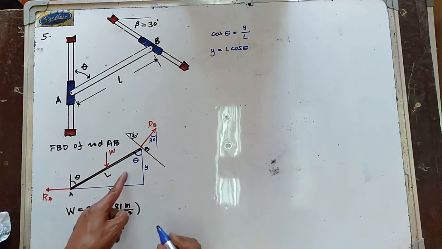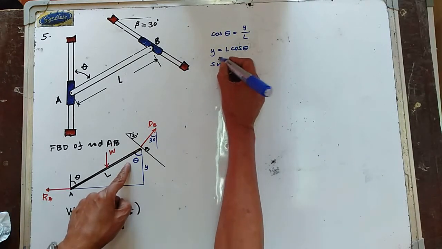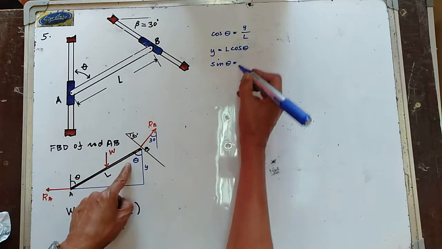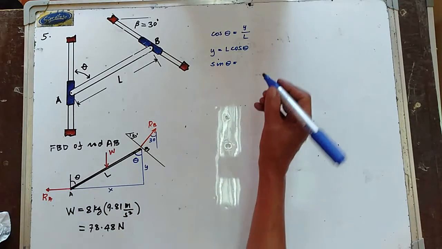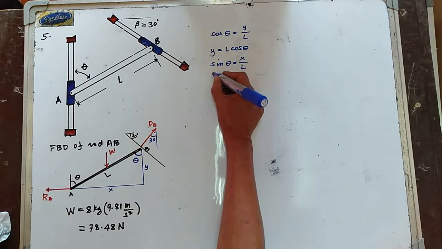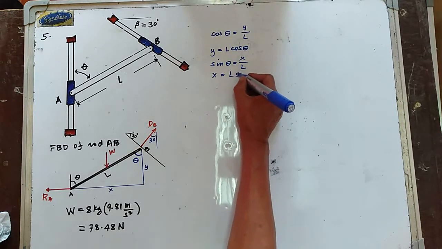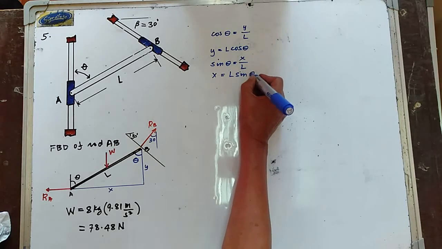Next, sine of theta is equal to x, the opposite side, all over L. So the value of x is equal to L sine of theta.